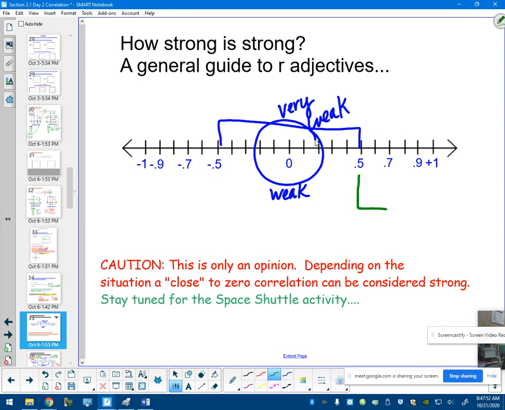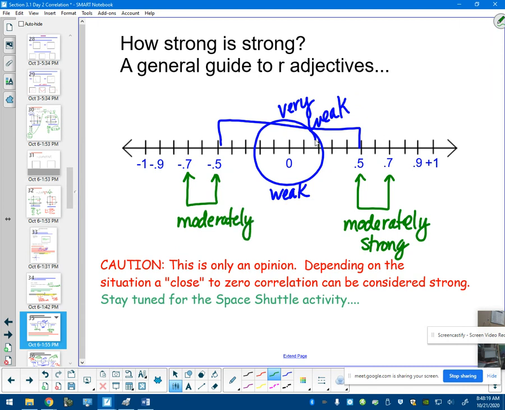So from 0.5 to 0.7 is moderately strong, less than strong. This is also moderately strong, but in a negative direction, which is a different adjective for a different part of the sentence.